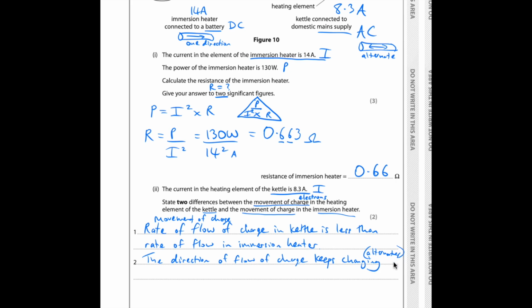So it alternates, and that's because it's AC. The heater was DC, direct current, and the movement of charge flows in one direction. So they're checking to make sure you know the difference between how electrons flow in alternating current compared to direct current. And also they're checking to make sure that you know that it's direct current that comes from a battery and alternating current that comes from the mains.